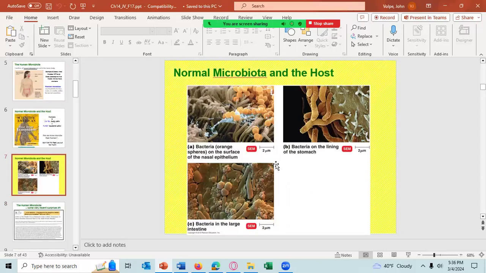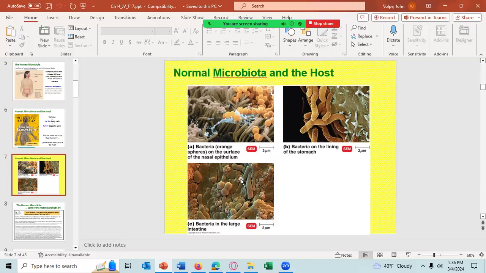This is showing you some pictures. The normal microbiota bacteria, the little round orange ones in the nasal epithelium. Those are part of the normal host, the nasal epithelium. What do you call them? Villi in the nose. There are some normal bacteria in the stomach. There's the stomach lining with the villi of the stomach. And there's some normal microbiota in the intestine.